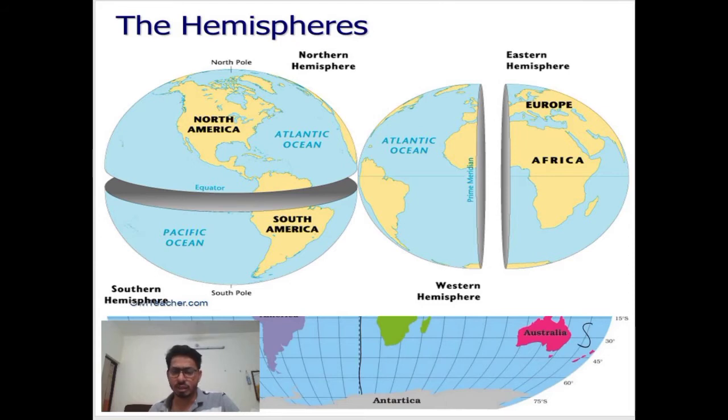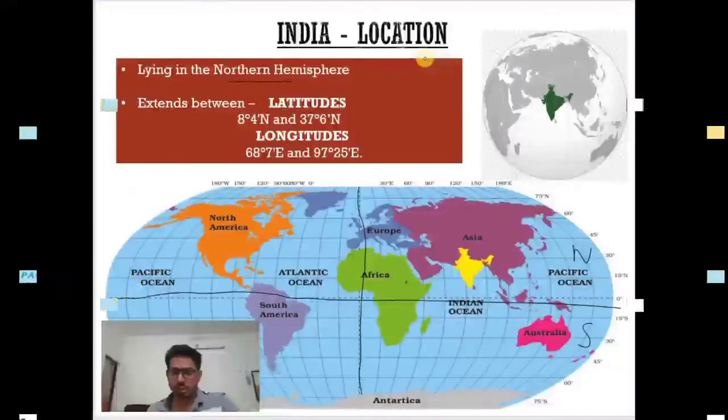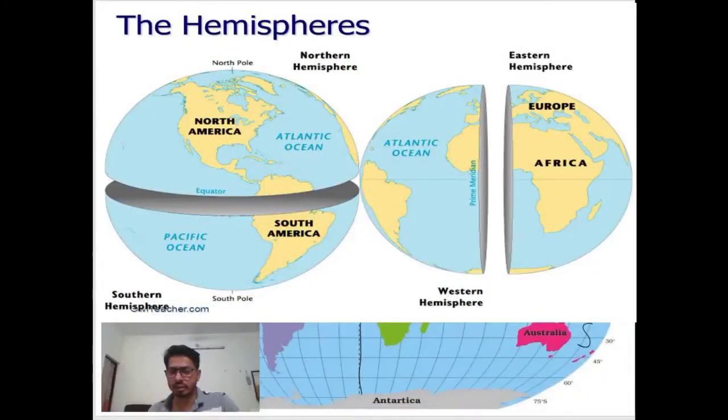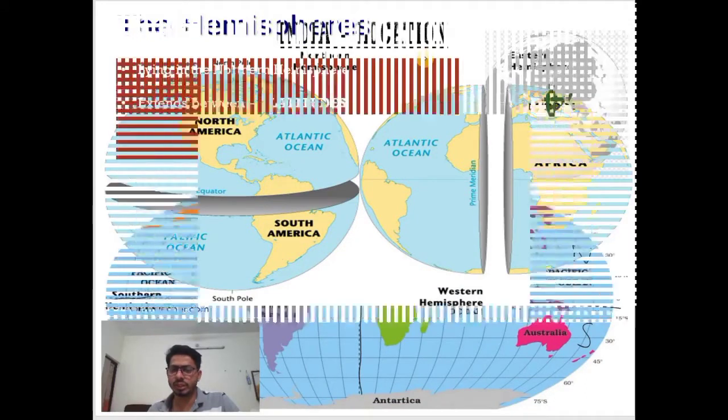And then this 0 degree is the 0 degree GMT, Greenwich Mean Time. It is dividing Earth again into two parts, that is the eastern hemisphere and western hemisphere.